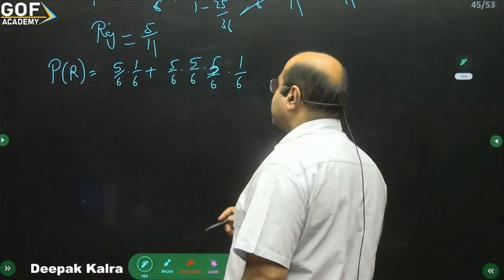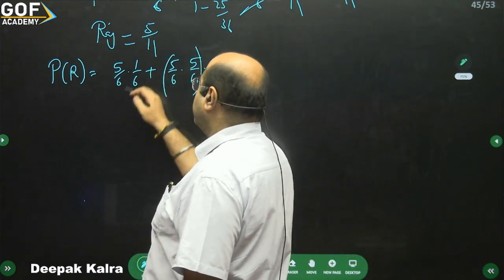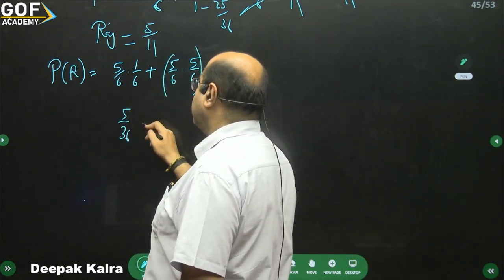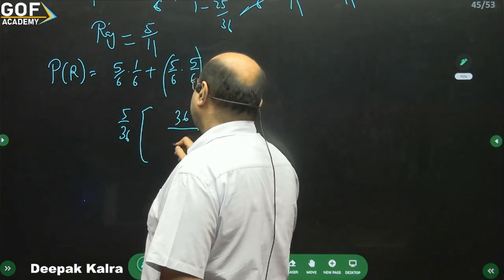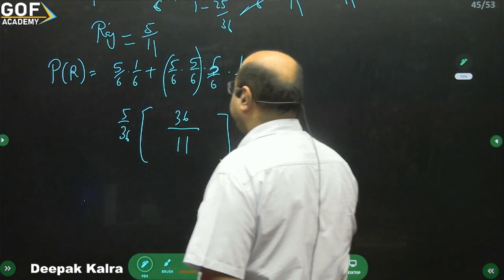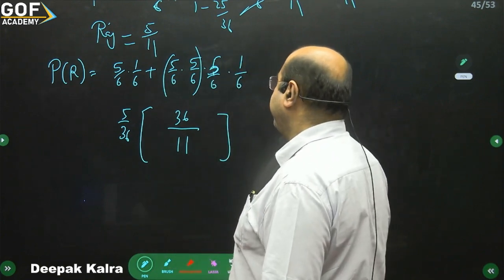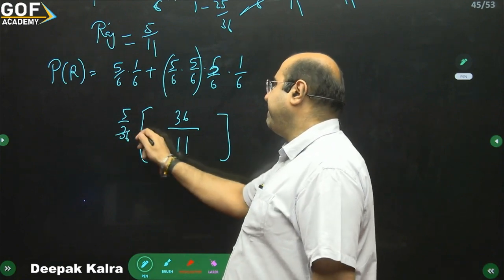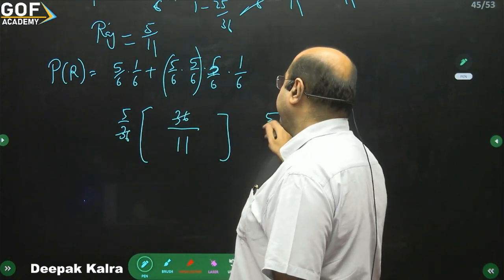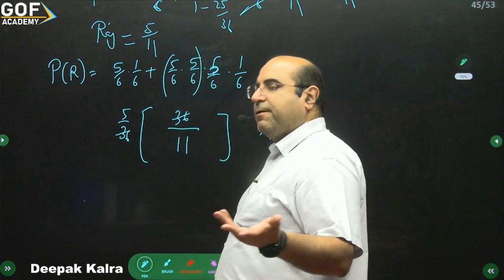This will go like this. You have 5/36 which will work with the same result, 36/11. This way or that way.